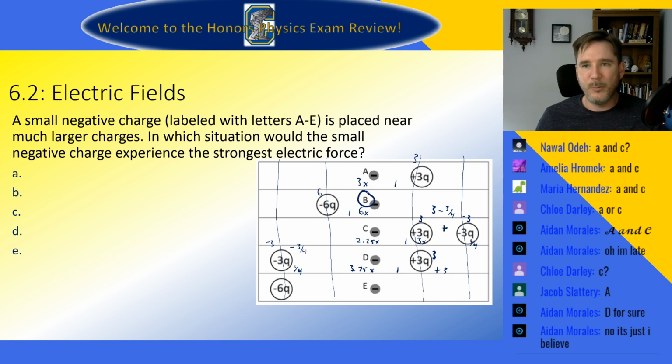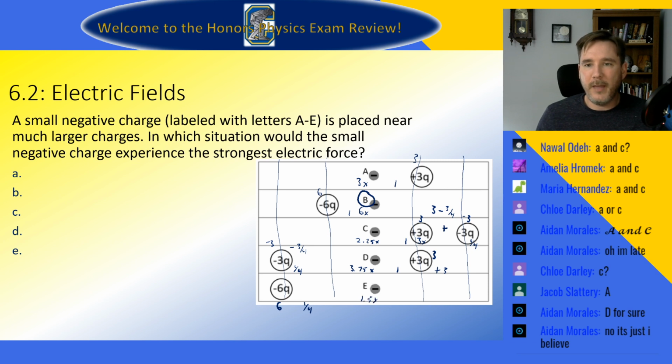I mean, it's a reasonable choice to choose B. Let's just prove ourselves right, because this is going to be 6 because of the charge. And because of the double the distance, it's going to feel 1/4 of that. So what's 6 divided by 4? Just to make sure. Yeah, 1.5. So it's actually only going to experience 1.5 times the force.